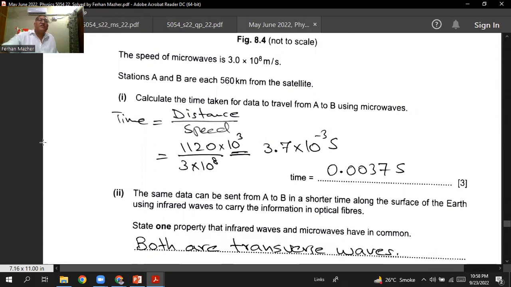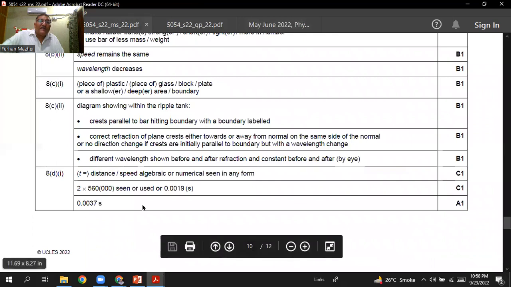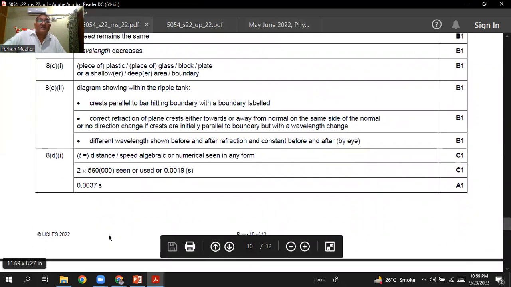But you know the speed given is in meters per second, so I will convert this kilometer into meters. For that, I will multiply it by 10 raised to power 3. So when you divide 1120 × 10^3 by 3 × 10^8, your answer will be 3.7 × 10^-3 seconds. So it will take 0.0037 seconds. 0.0037 seconds is the right answer.